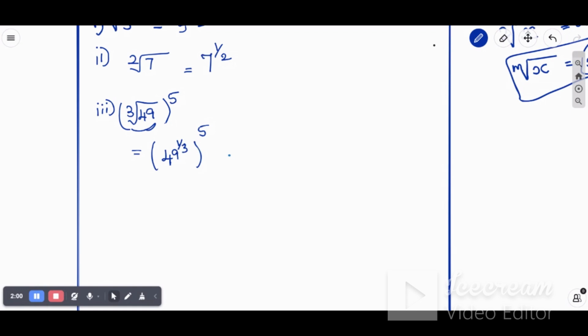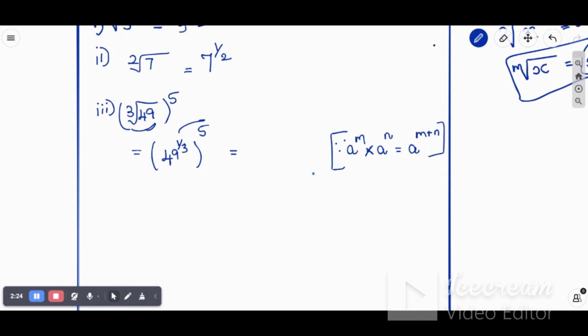So it goes like this, and the next step is you have to multiply these two powers. The formula: if a power m is multiplied with a power n, you get a power m plus n. But we are not using this formula here.